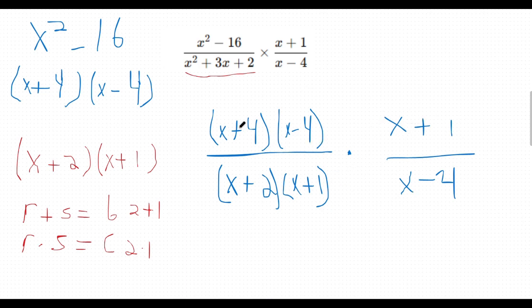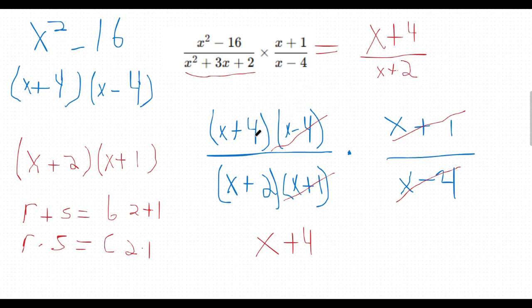For example, x minus 4 cancels out x minus 4 down here. x plus 1 cancels out x plus 1 here. So that only leaves us with two terms. The final answer will be, let me write this up here, equals x plus 4 over x plus 2.